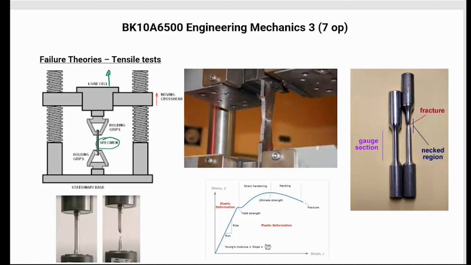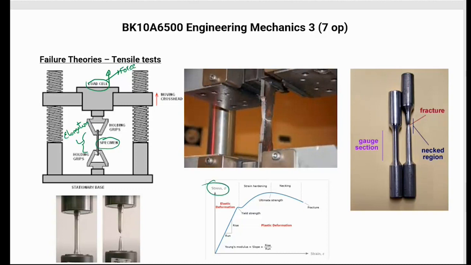And you're going to have a load cell, meaning an instrument that is going to measure how much force is applied. And also you're going to have another type of instrument that is going to measure the deformation of the part, meaning the elongation. So two instruments are going to be used to calculate.